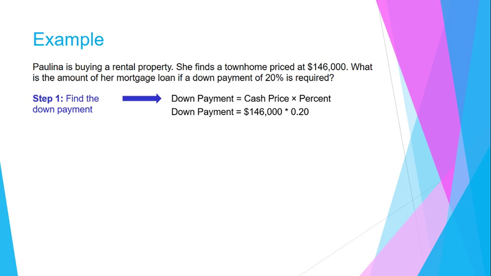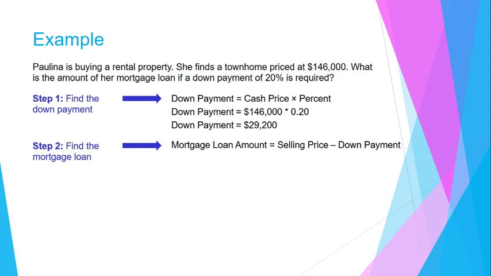Multiply that by the cost of the townhome, which is going to be $29,200. That means right off the bat, Paulina has to give the lender $29,200.